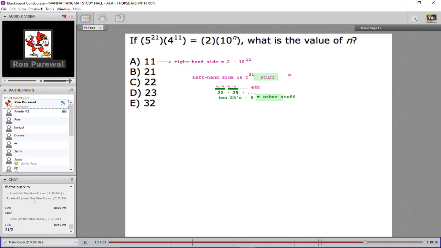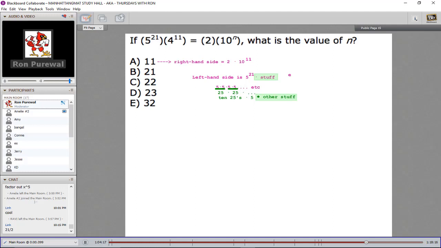If you multiply 10 25s together, guys, this is only 11 10s. This is going to be so much bigger than that right-hand side. Not to mention you haven't even accounted for the 4 to the 11th yet.